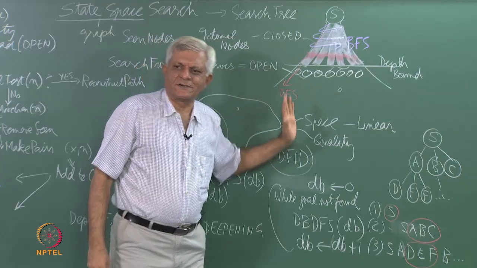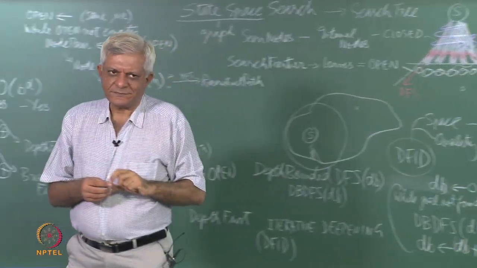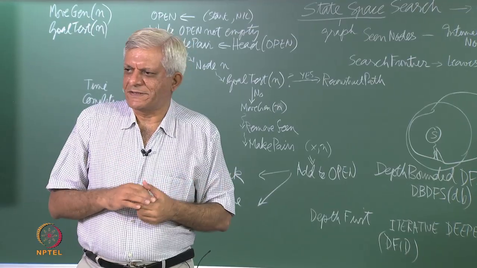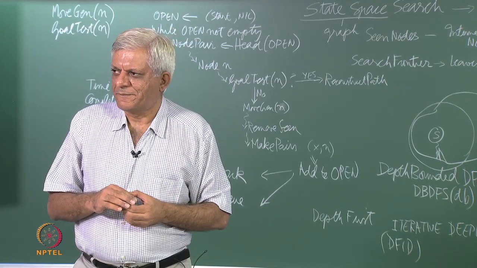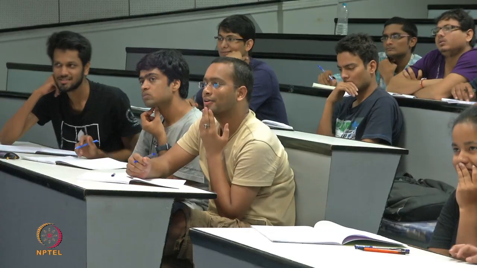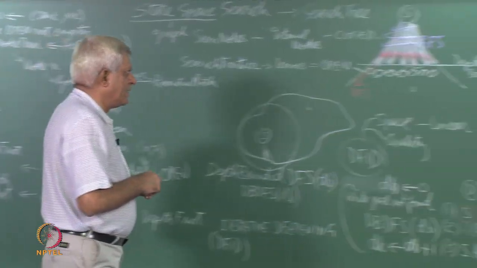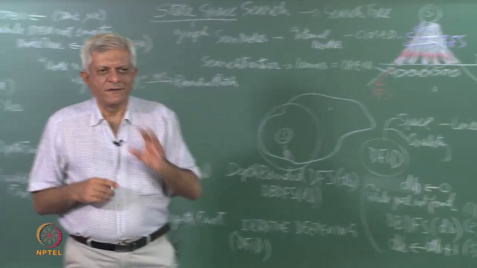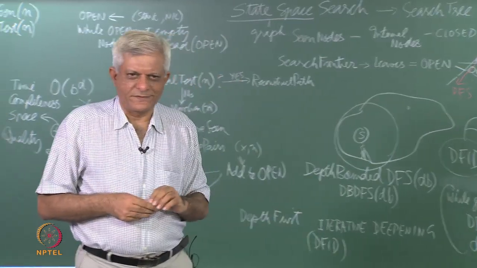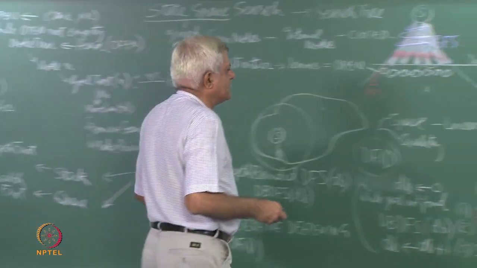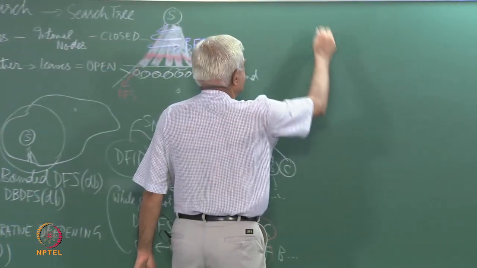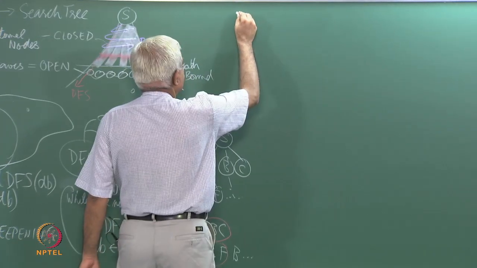How much is this extra work? Is it high or low? Okay, let me just ask a very simple question. So we have to go back to our study of trees, and you might have done in data structures or some other course. Let me take an arbitrary tree of branching factor B.